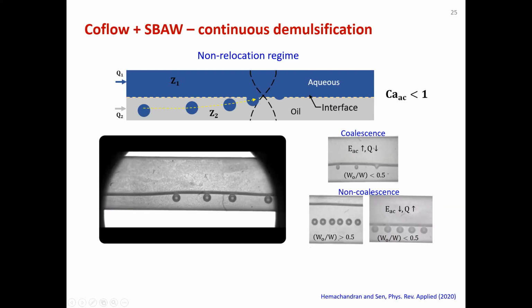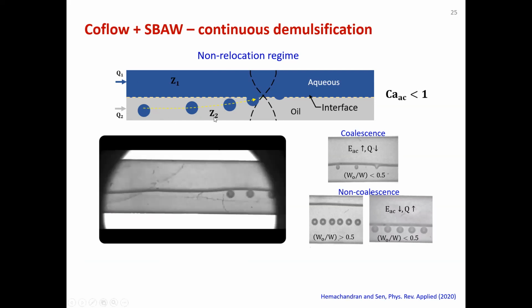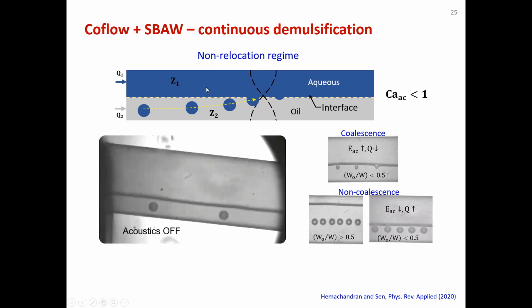One of the objectives is to demulsify such a fluid, and our objective was to demulsify this water-in-oil emulsion. For that, we could establish a co-flow between an aqueous stream and an oil stream containing these water drops, and we flow them as parallel streams.